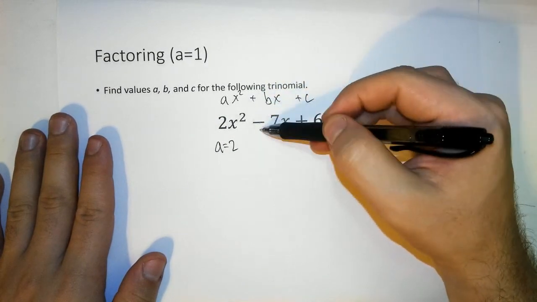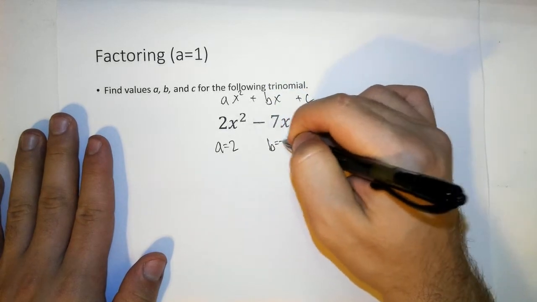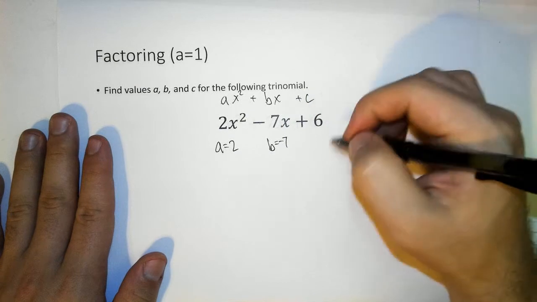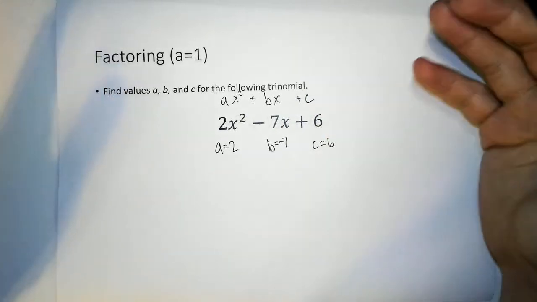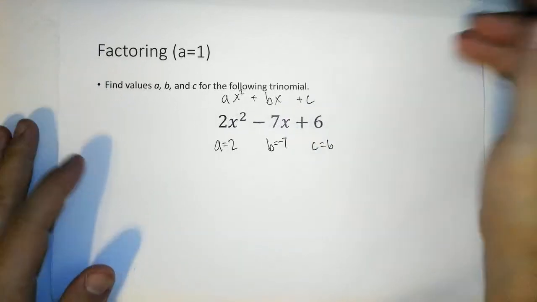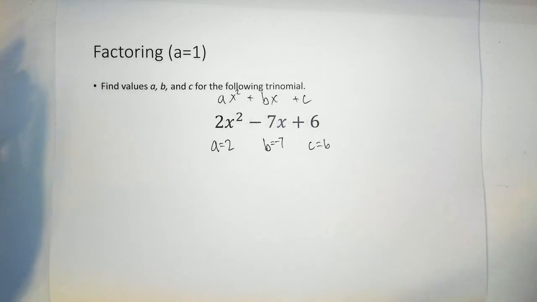Notice no negative sign there, so the negative has to be included with the b. So b equals negative 7, and likewise c is equal to 6, right? They match up. They simply have to exist in order for this format to work. Okay, so those are our 3 coefficients, and once we find those, we'd be ready to do our factoring method later on in the lesson.